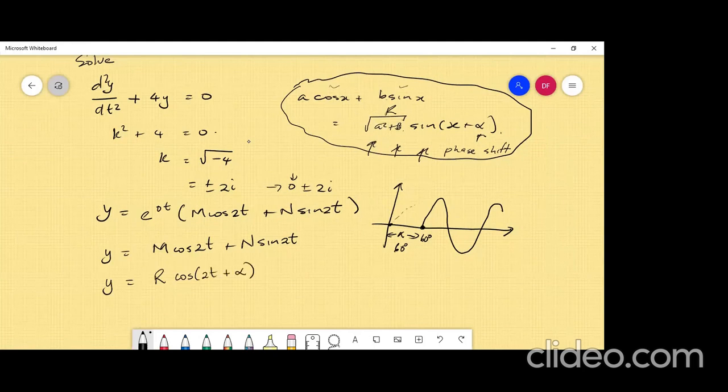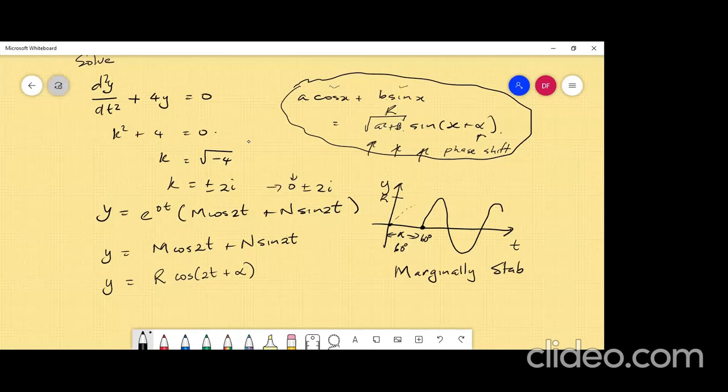So this is our y and this is our t, and this is the graph. The question I'm asking is: is it stable, unstable, or marginally stable? Marginally, sir, because it doesn't tend towards 0 or anything else. Right, so it is marginally stable.